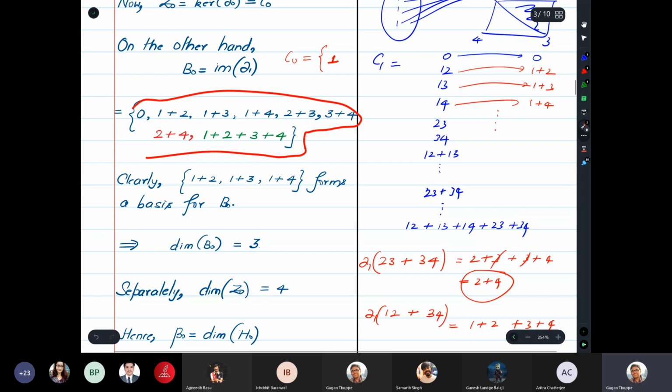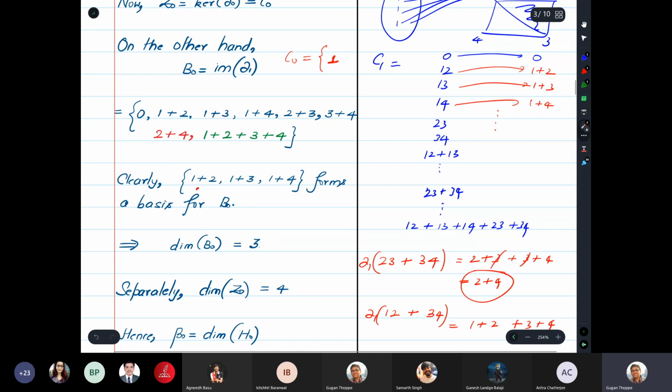So that is something we have to observe, right? And now one can immediately ask, okay, what is the dimension of this B0, right? So the dimension of B0 is 3, and the reason for this is that these 3 elements that are there in this B0 can be viewed as a basis for B0, right? Like for example, let's see if it spans.